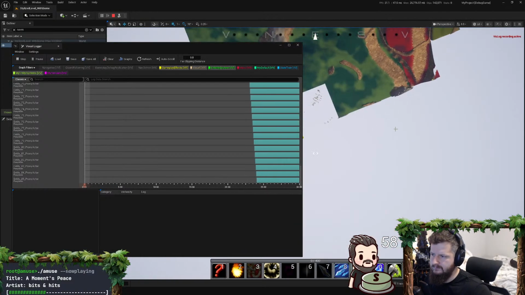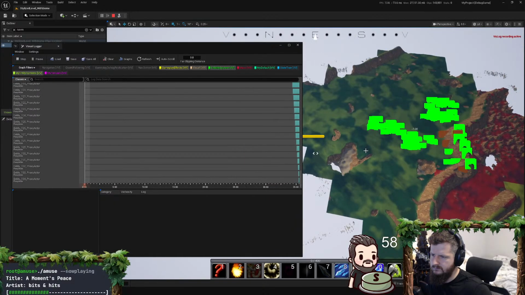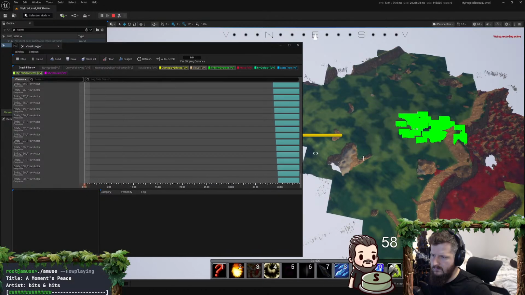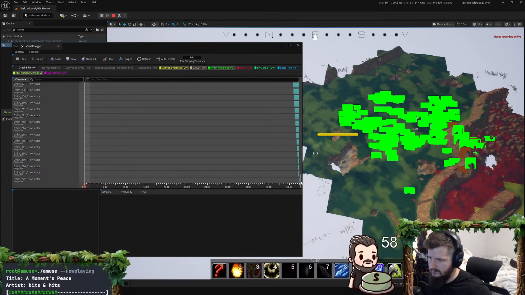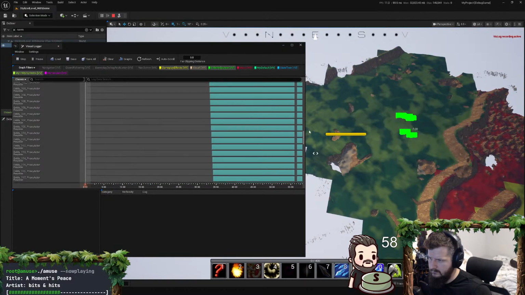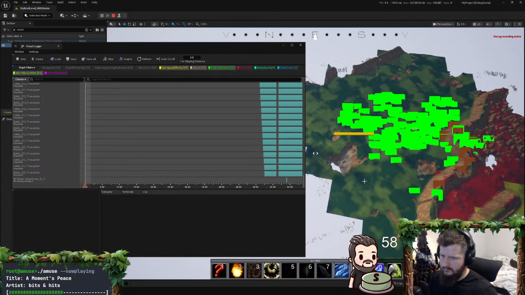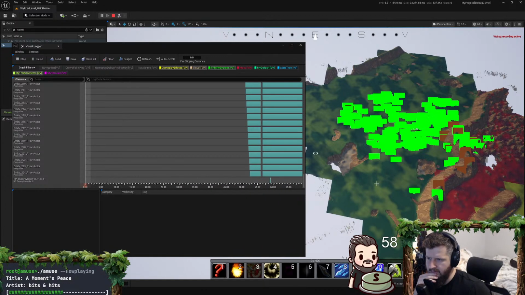Quite laggy. Okay, no issues yet still. I don't think we've spawned any on the unmeshed terrain chunks.